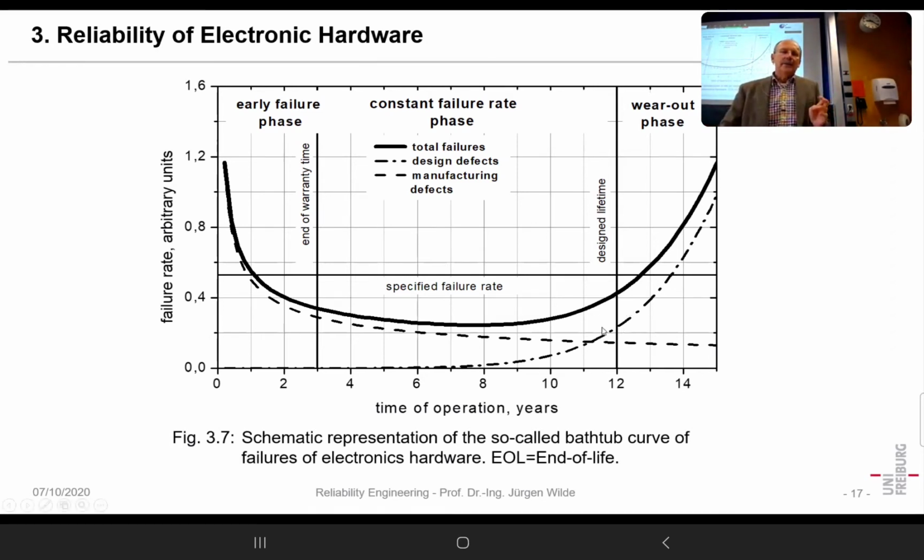And then we also see we have a longer time where the rate of failure is constant. In humans, we have an age between, let's say, 35 and 65 or so, where the rate of death is relatively constant. And the question is, why is that so? And then in the end, it goes up due to wear out process. Now the question is first for the middle. You could say, in the middle range, it's just failure by chance.